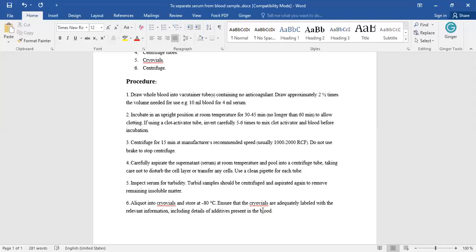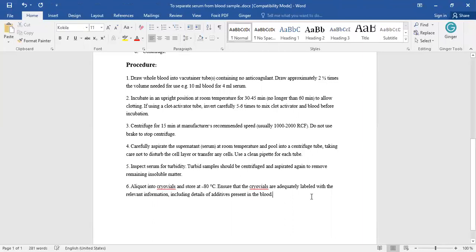So this is the basic idea for isolation of serum. We allow the blood to coagulate.